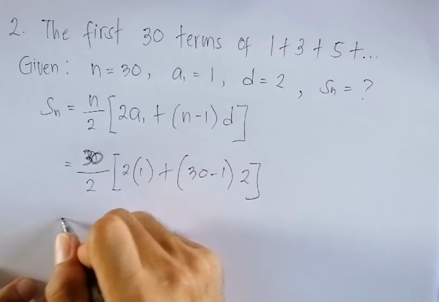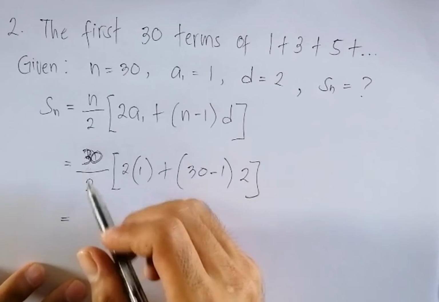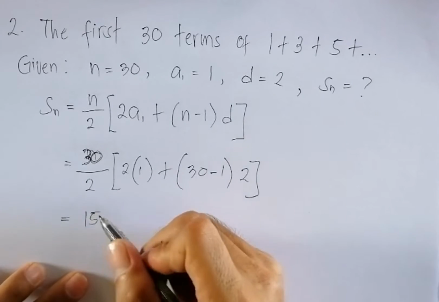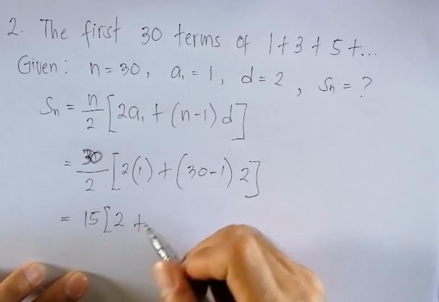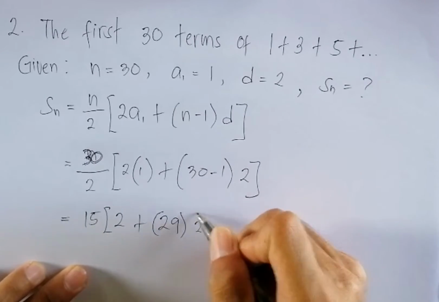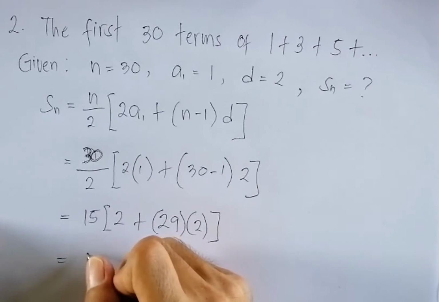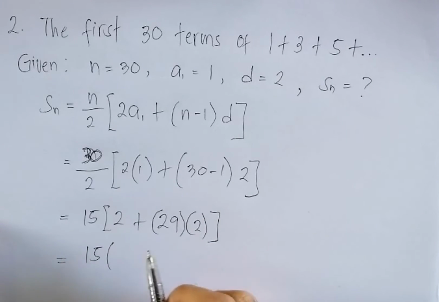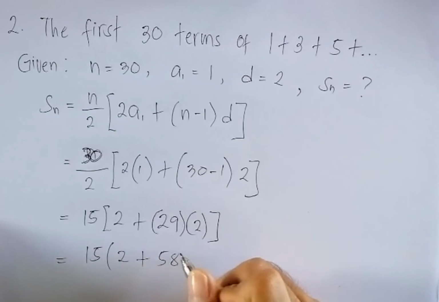So we simplify. We can divide 30 by 2, so that is equal to 15. 2 times 1 is 2 plus 30 minus 1, that is 29, times 2. Equals 15 times, we have 2 plus 29 times 2, that is equal to 58.